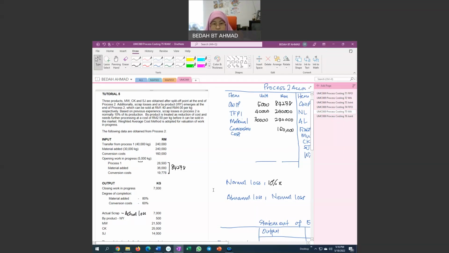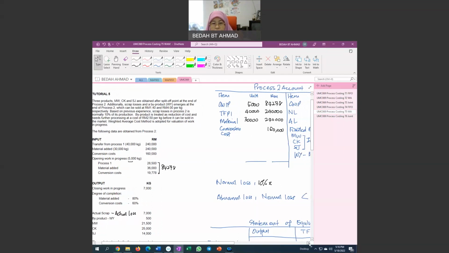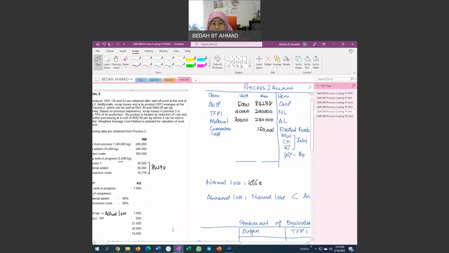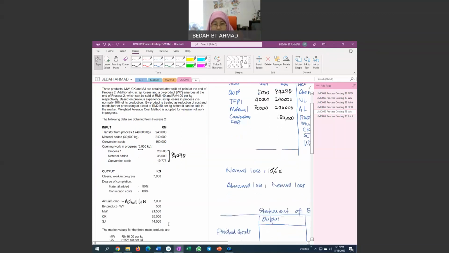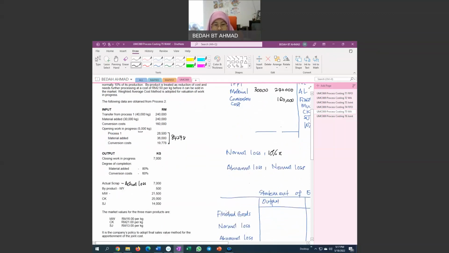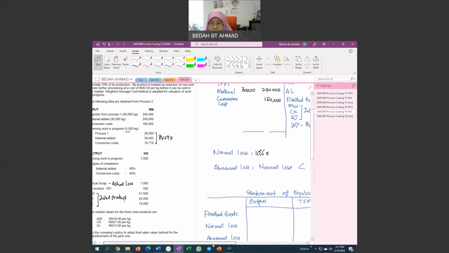Then the output consists of the closing work in progress of 7,000, scrap of 7,000, and the actual products given as byproduct WY 500, MW 21,500, CK 25,000, and SJ 14,000. These are considered the joint products or main products that emerge from the processing. So we put all the information in our account.